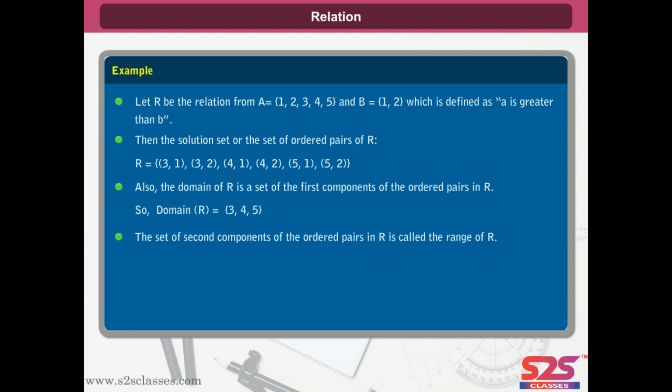The set of second components of the ordered pairs in R is called the range of R. So, range is a set of 1 and 2. The second set B is called the codomain of R. So, codomain is a set of 1 and 2, that is same as B.